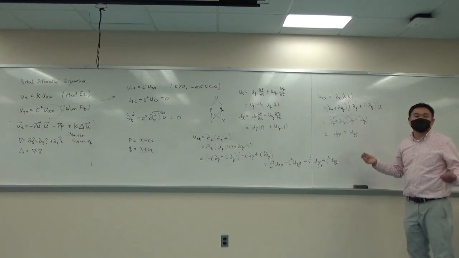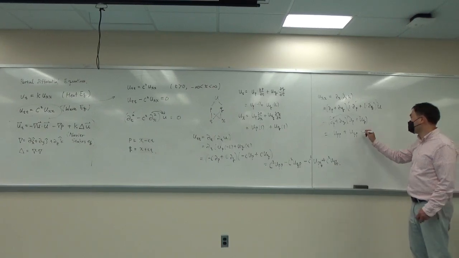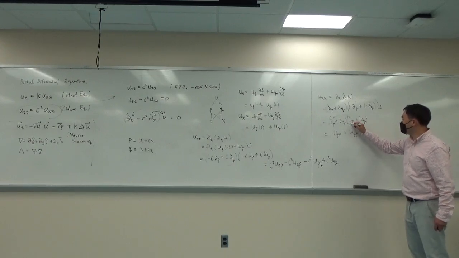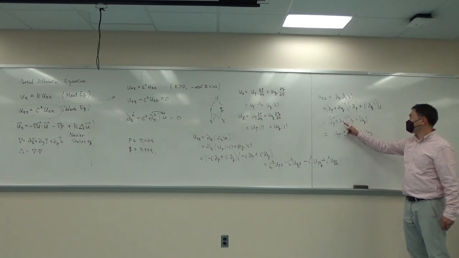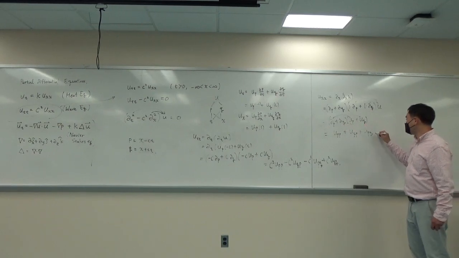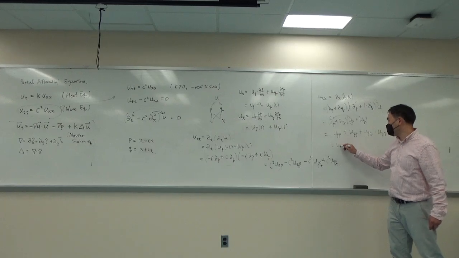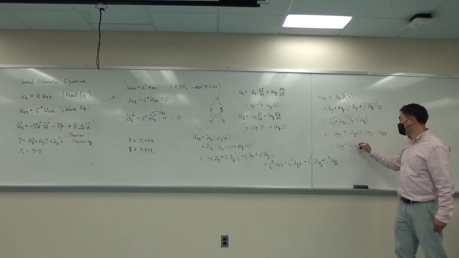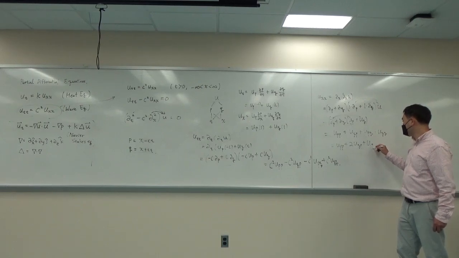But the order really doesn't matter because partials commute. When this hits this, that's UPQ. And when this hits this, that's UQQ. So you get UPP, these two are the same thing, so it's 2 UQP, plus UQQ.